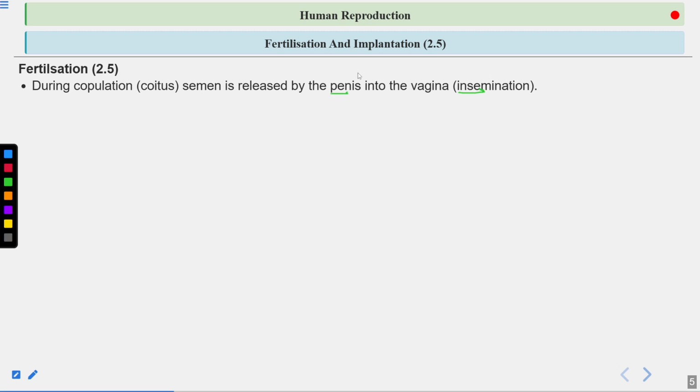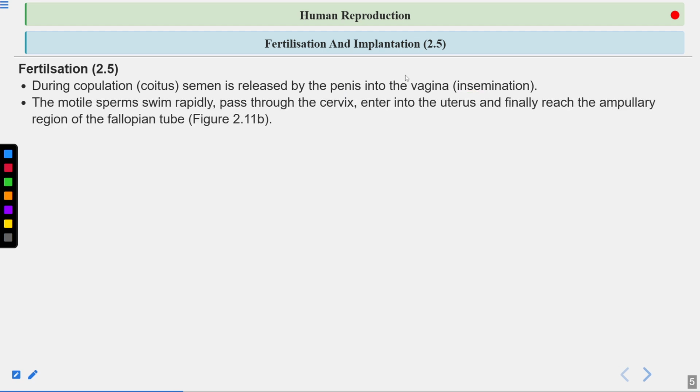The penis is made up of special tissues which help in the erection of the penis. This erection is very important for the process of insemination. Now the motile sperms have a tail. When we read about the structure of the sperm, we read that the sperm has a head, then neck, then middle piece, and then tail.